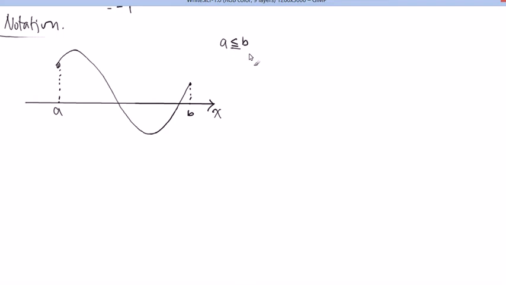We even consider when A is equal to B. Then if A is equal to B, there's no interval, right? No region. So suppose this is a graph of f of x. You see this region that's created by this graph and the x-axis, between A and this point right there. You see this region there? Because this region belongs to the upper half plane, we consider this one as a positive region. Area of this region is considered positive.